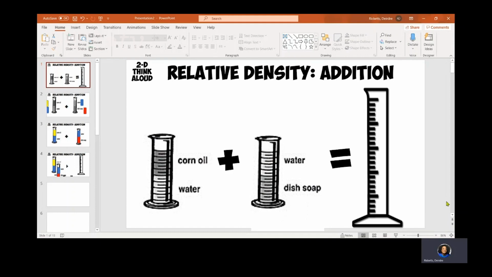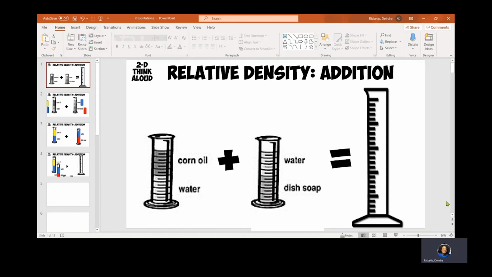And the first one we have corn oil with the water with a greater density compared to the corn oil. In the second container, we have a dish soap. The dish soap's on the bottom, but the water's on the top. So the dish soap has a greater density compared to the water. So we're going to add those two containers together and see what we come up with for the third container.